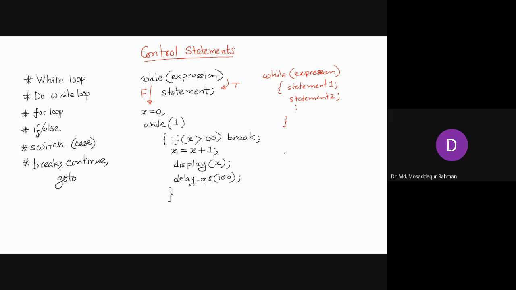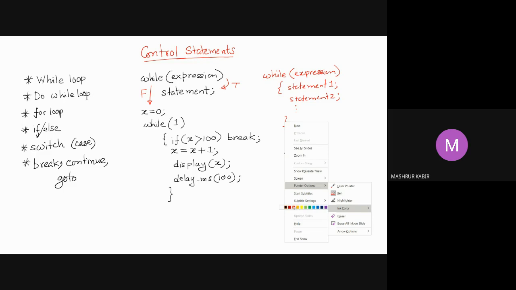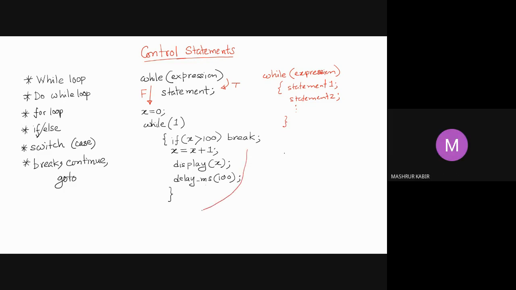Right. So when x is greater than 100, it says break. Break means it will break away, right? Yes, it will escape the loop. It will exit the loop. So once you have this break command, the program will exit this control loop.